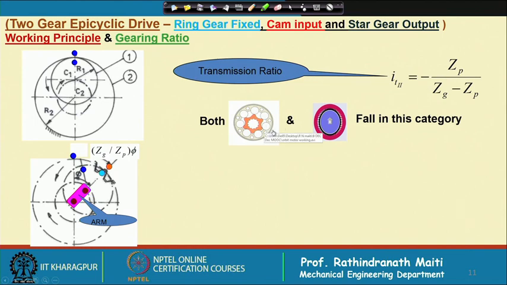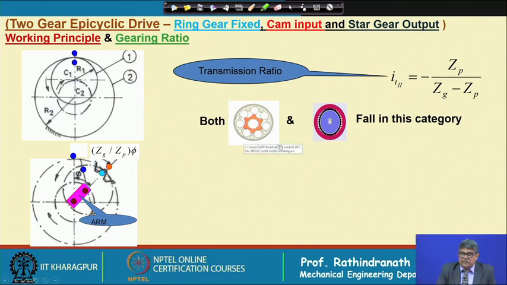Now, this is the two-gear epicyclic drive. Later we will show that it can be put into another special gear, working on the same principle. And what we find is quite interesting: the number of pinion teeth divided by this difference.